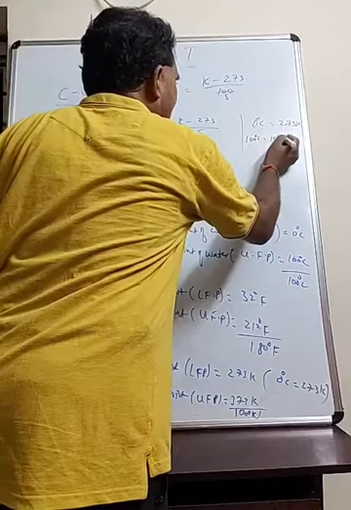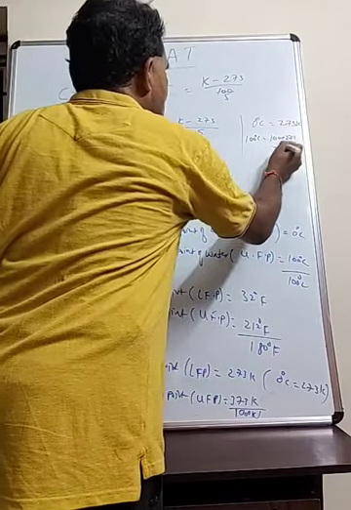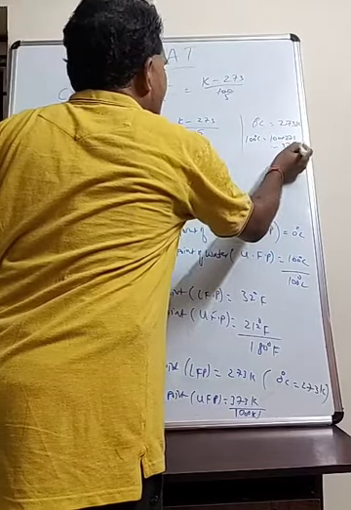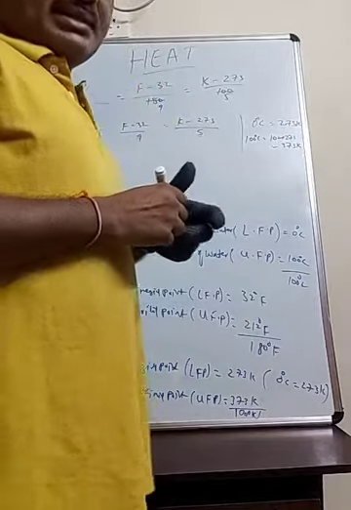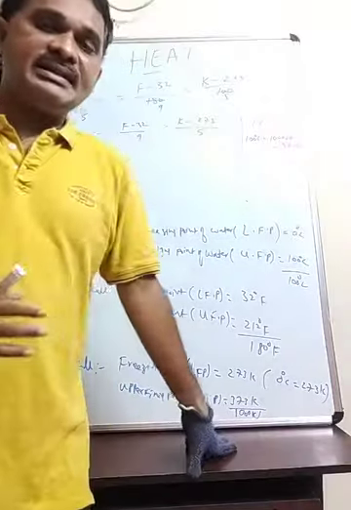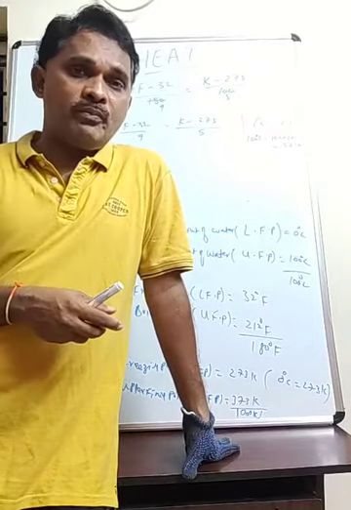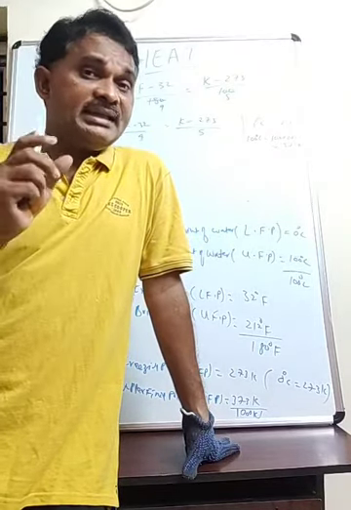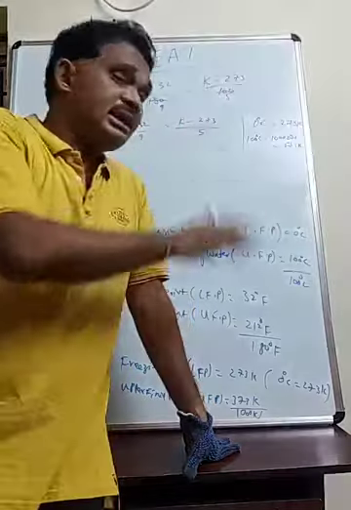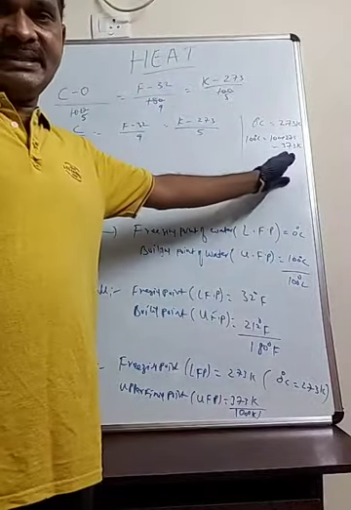That is 100 plus 273, equal to 373 kelvins. That means to convert the Celsius scale to the Kelvin scale, you have to add 273. We can easily convert.